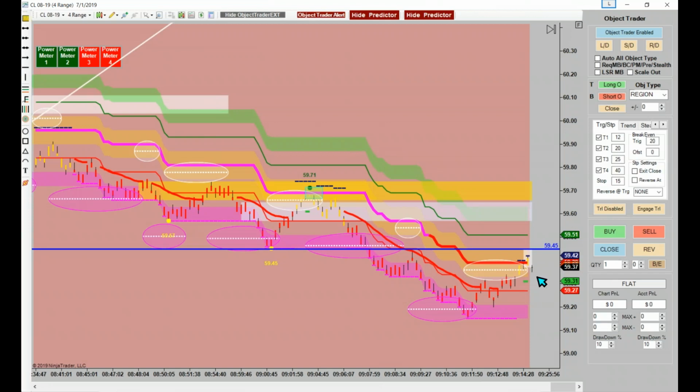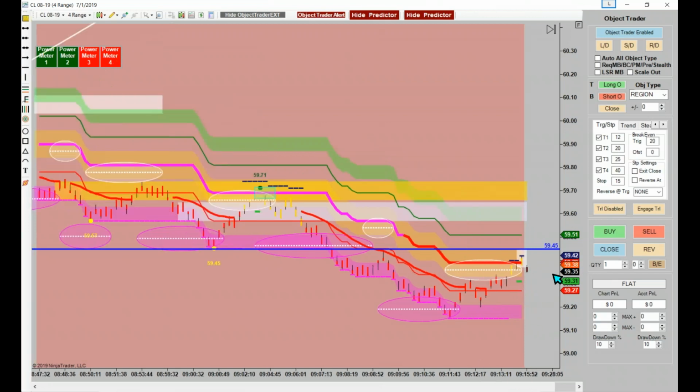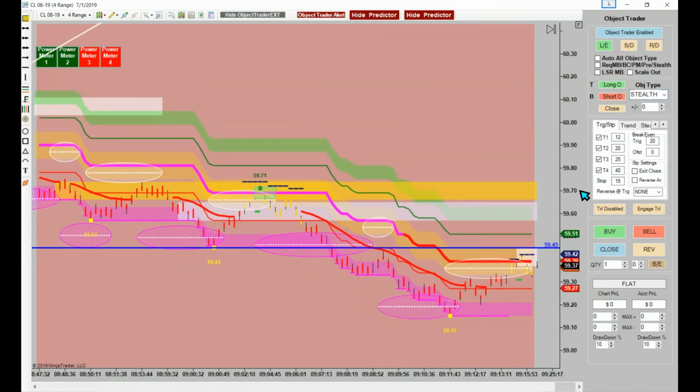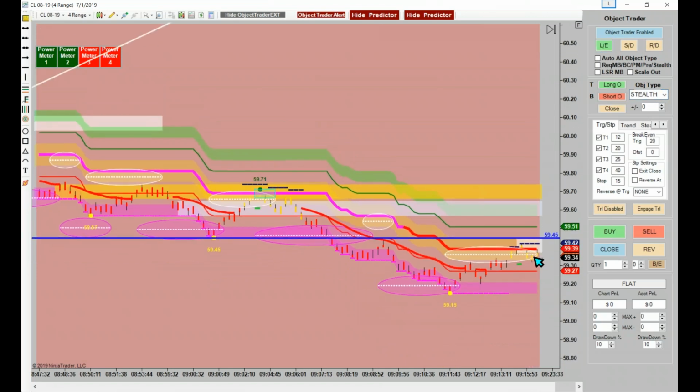Now the way you take this trade, Michael, if they get a stealth and you get what we call a gap in it, where you don't have a stealth again, you get a little gap, then you just turn on your stealth right here and turn it on long. And when that actually triggers the stealth, it'll fire the trade.